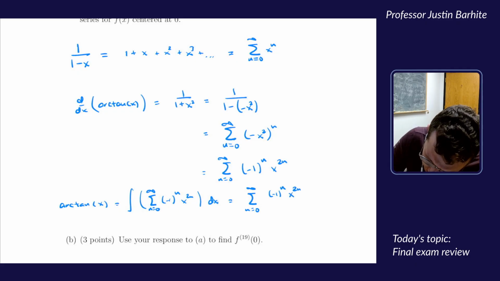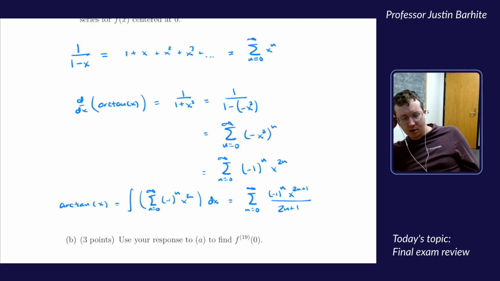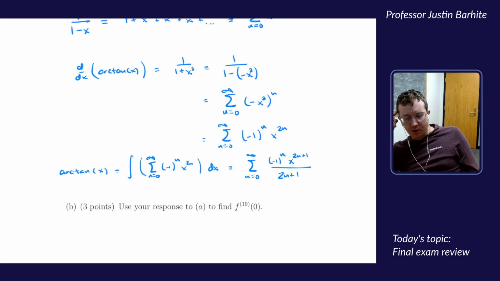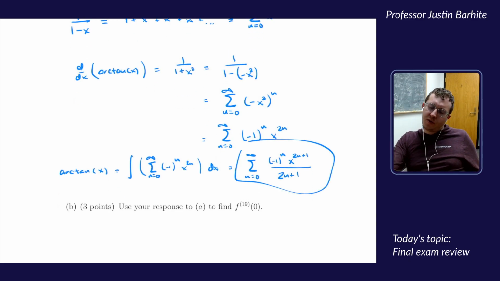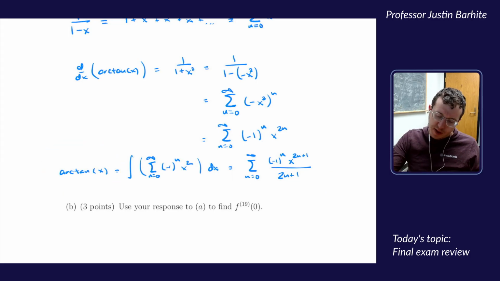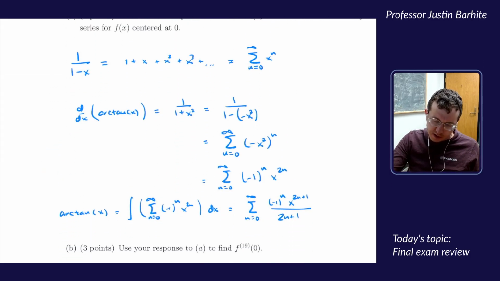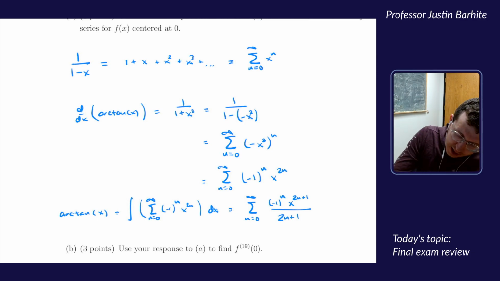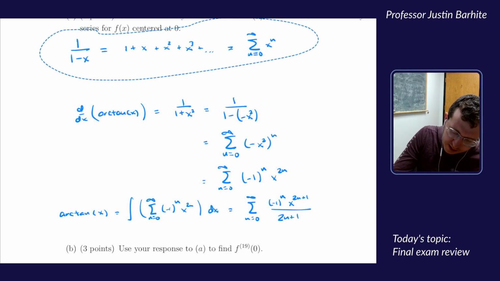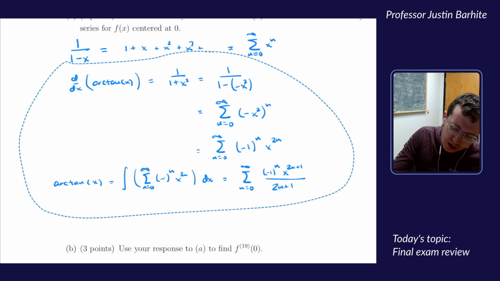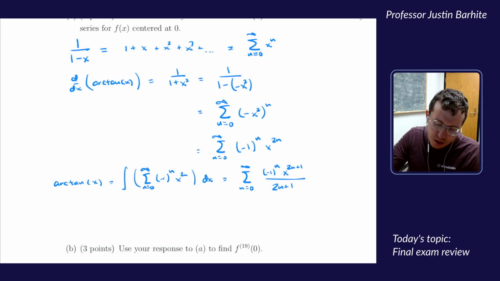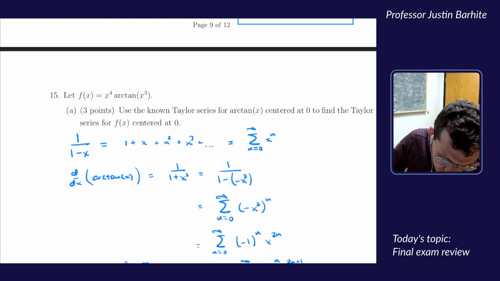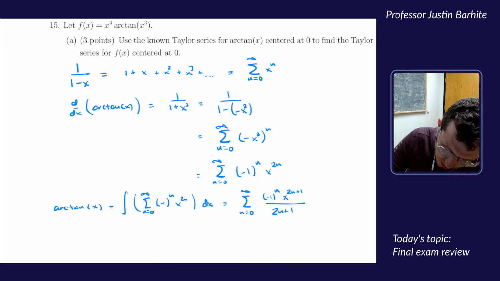So when you anti-differentiate x to the 2n, you get x to the 2n plus 1 over 2n plus 1. Probably you should just have this power series for arctangent of x memorized. I definitely made this a little harder for myself by not recalling that, but it's nice to remember where it comes from also.